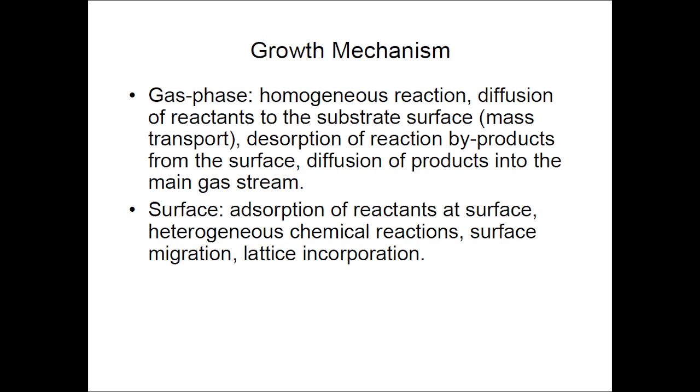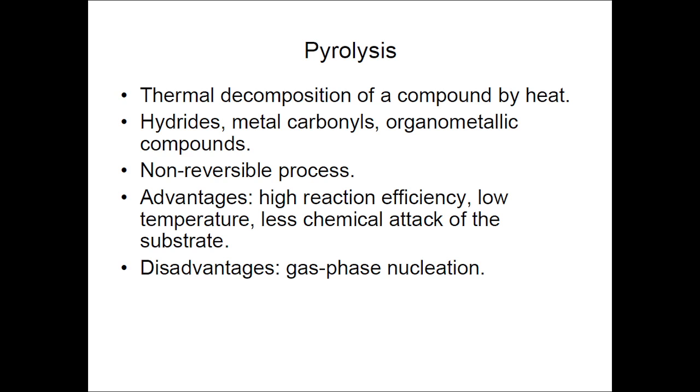Here we know that the growth mechanism involves a homogeneous reaction in the gas phase, the diffusion of the reactant to the substrate surface, followed by the desorption of reaction byproducts from the surface, and the diffusion of products into the main gas stream as well. And on the surface there will be adsorption of reactants, and possibly heterogeneous chemical reactions will occur, surface migration will be there, and lattice incorporation also will be there.